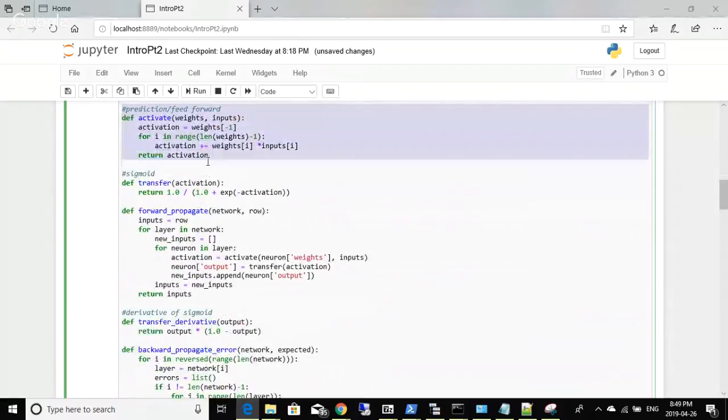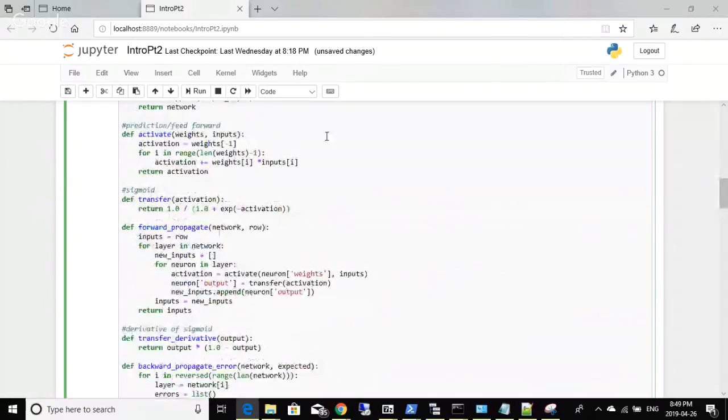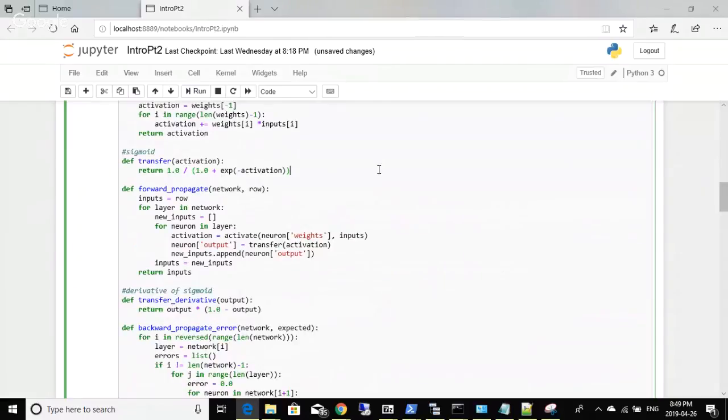Prediction. This is a feed forward activation. So this is essentially the linear activation here. This is the sigmoid. It takes the linear activation, or the result of your neuron in this case, and applies the activation here, right?